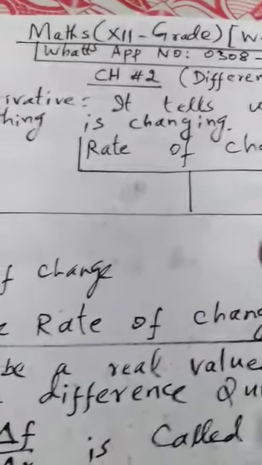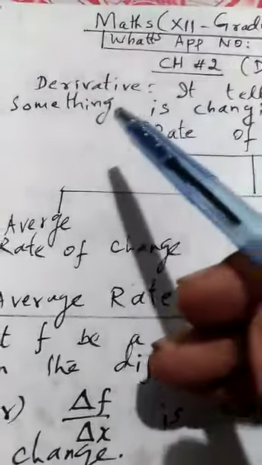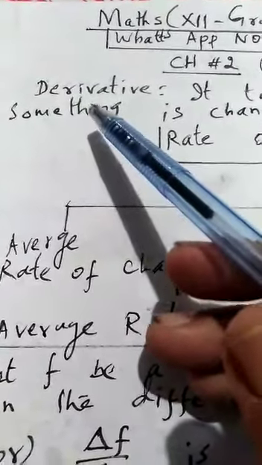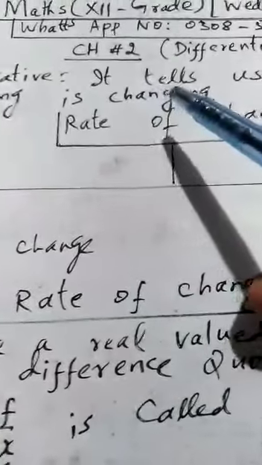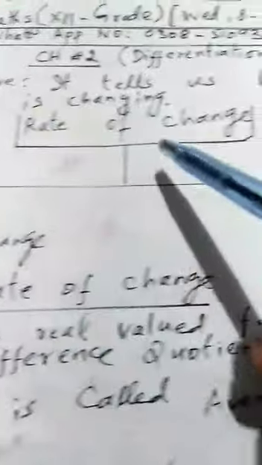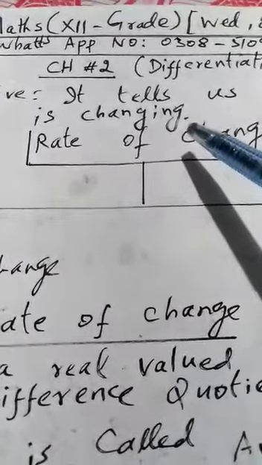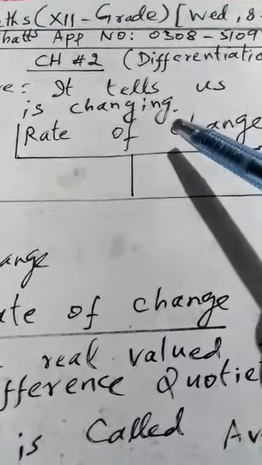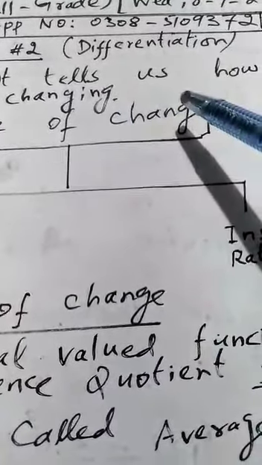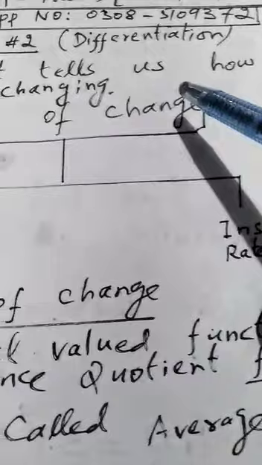Okay? To begin with, our first topic is derivative. Derivative, it tells us how fast something is changing. That is, it tells us how one thing is changing with respect to other.